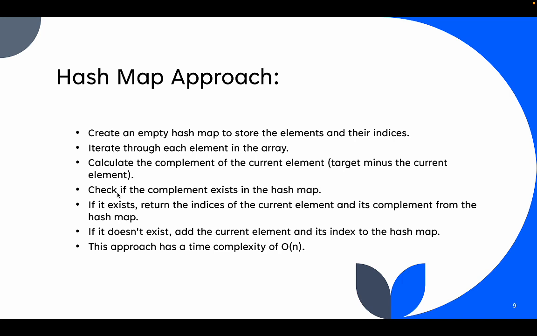After that, we need to check whether our complement exists in the hash map. If it exists, then we return the indices of the current element and its complement from the hash map. If not, then we add the current element and its index to the hash map. This approach has a time complexity of big O of n. So it's linear time.